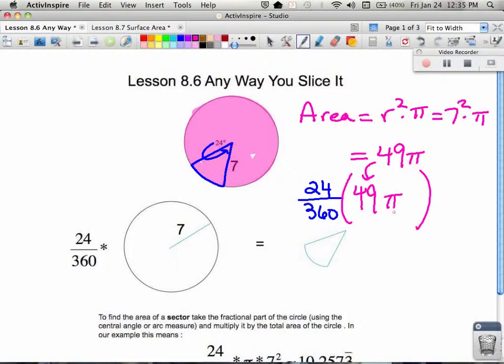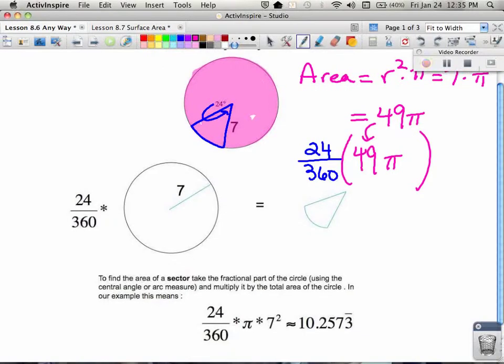So you would type in your calculator 24 divided by 360, enter, times 49 times pi, and in the end you would find that your result is a grand total of 10.26 roughly.